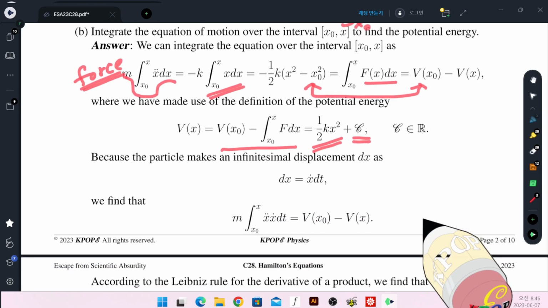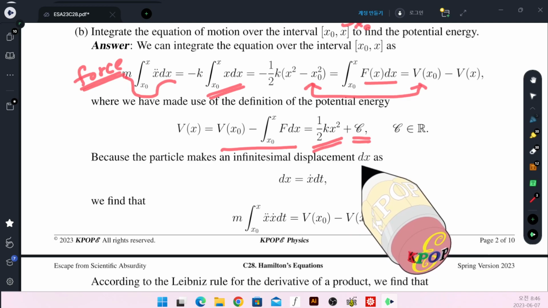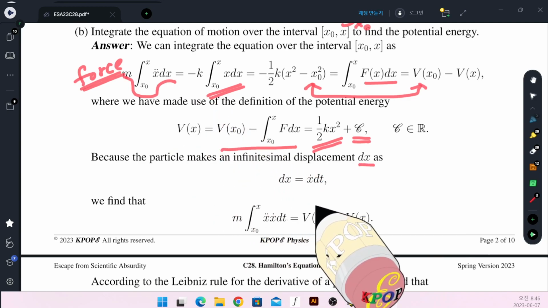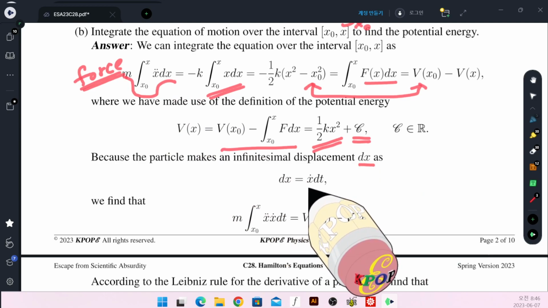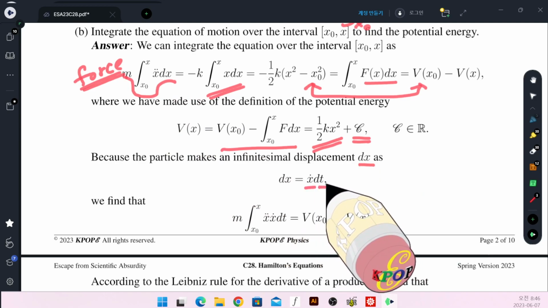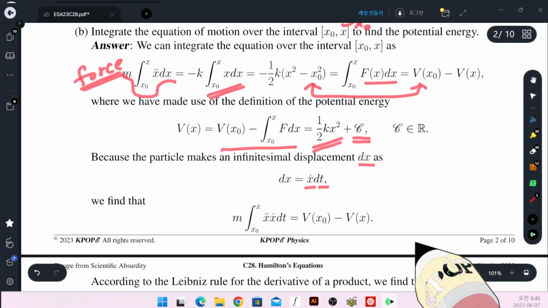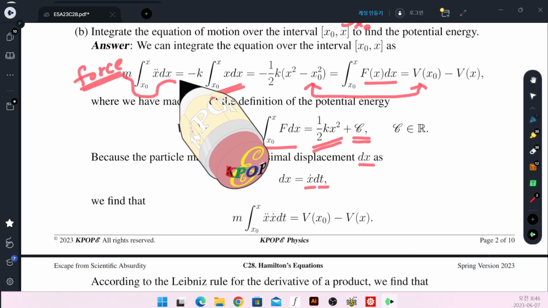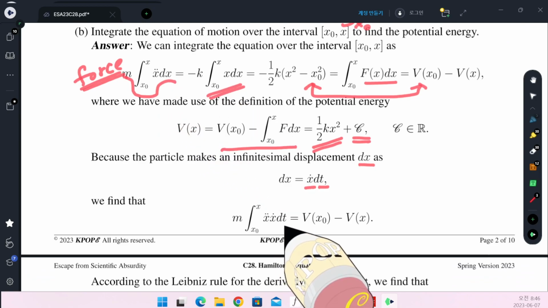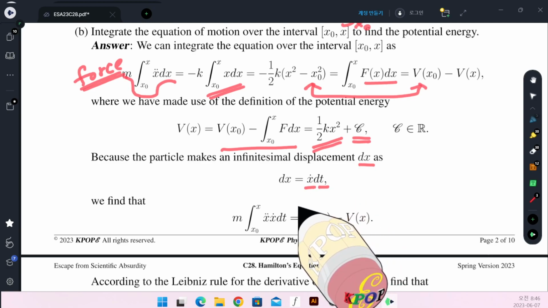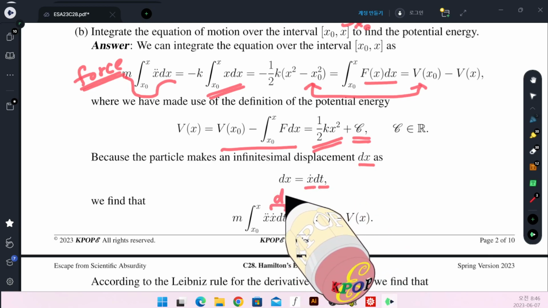Because the particle makes an infinitesimal displacement dx, we can rewrite this one. dx is a velocity multiplied by a differential time difference. So acceleration multiplied by the displacement can be written in the form that this is dx.